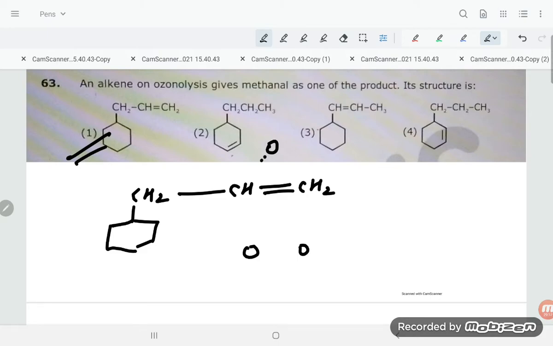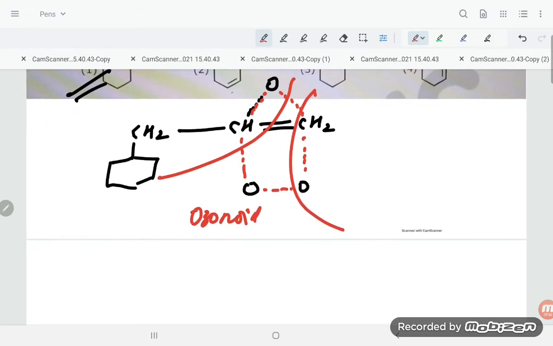Now the ozonide is forming, student, ozonide. And you are treating with Zn/H2O, so minus H2O2 will come out.